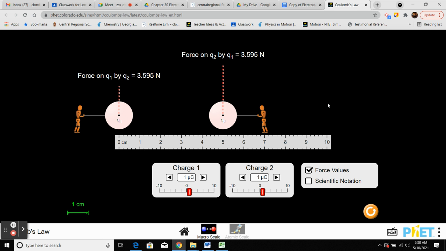So 0.899. And if I multiply that by 4, that comes out to be this value. 0.899 times 4 comes out to be 3.596 or 3.595.